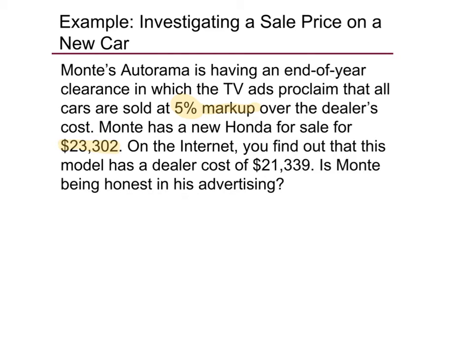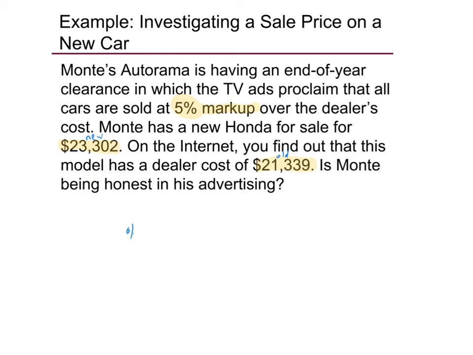On the internet, you find that the dealer cost is $21,339. Is their advertising honest? So we want to find out if that markup is actually a 5% markup, okay? And we're going to treat the new cost as the $23,000 and the old cost, right? That's the cost that the dealer, the dealer cost, as the $21,000.